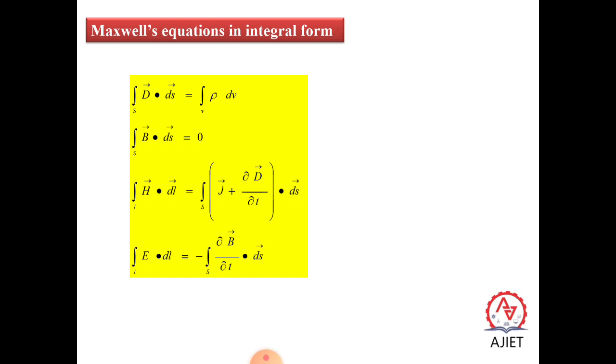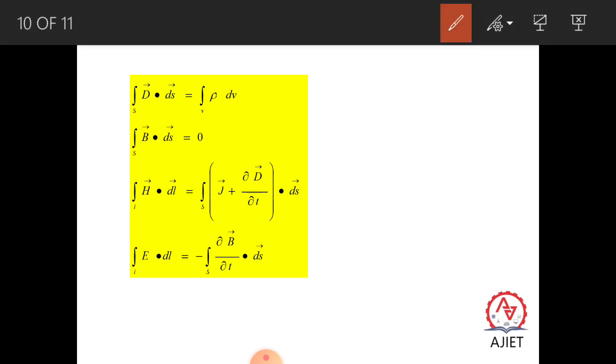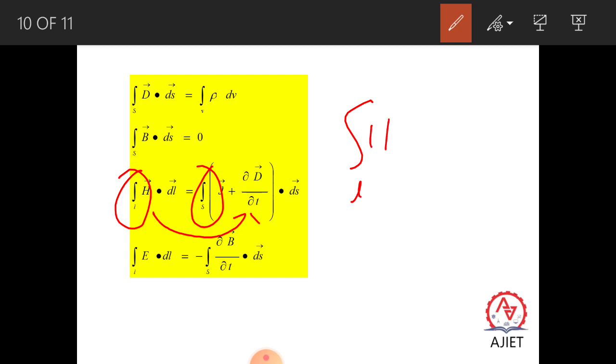Third, the closed line integral of H dot dl is equal to the surface integral of J plus dou D by dou t dS. That is the same as del cross H equals J plus dou D by dou t, now written in terms of a line integral and a surface integral, where H and dl are both vectors.